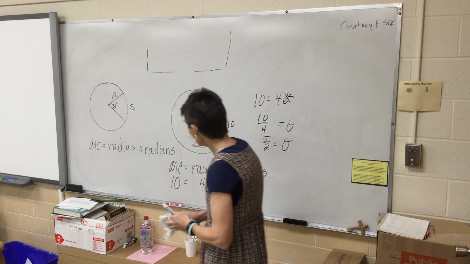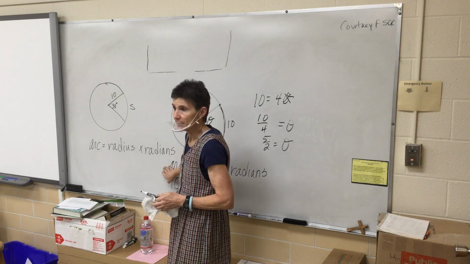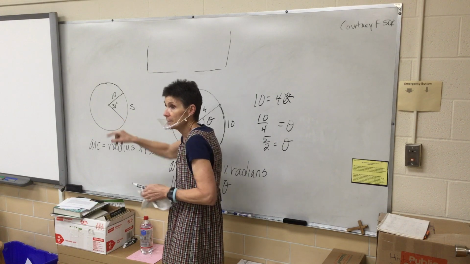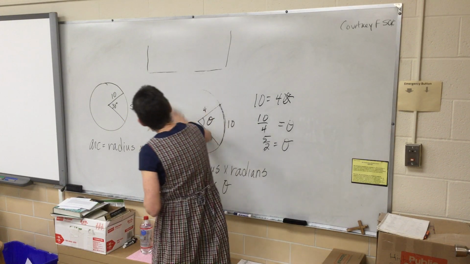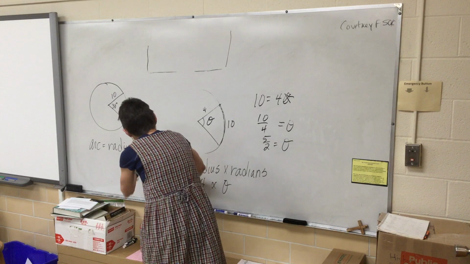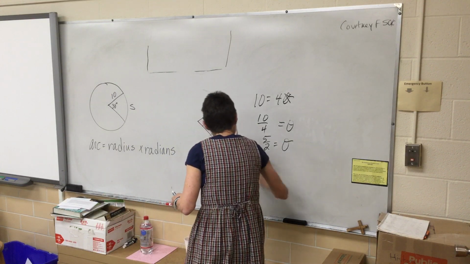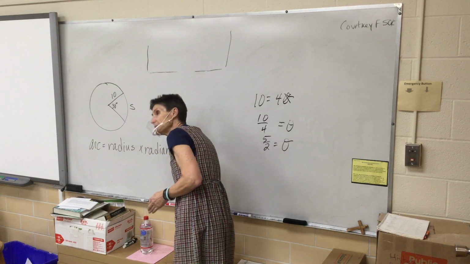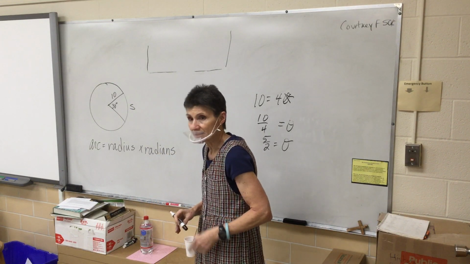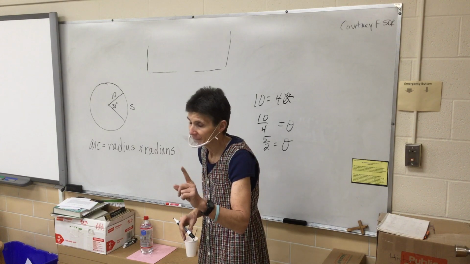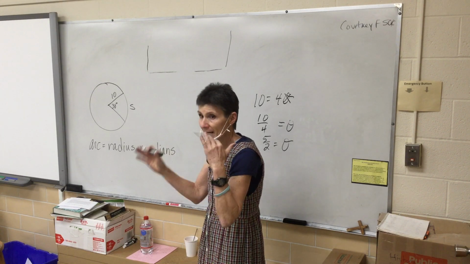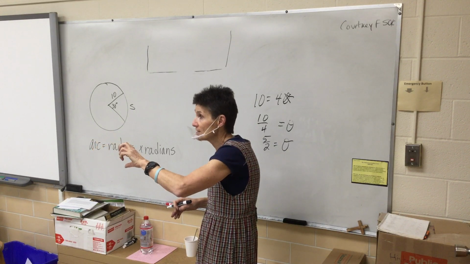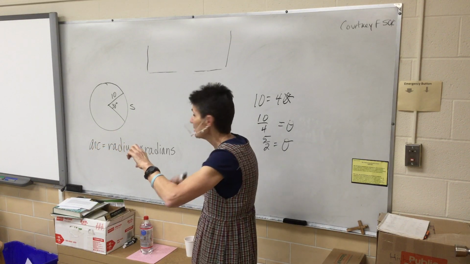Don't put 30 in here because that is clearly a degree measure. So the first thing we have to do, before we even go to that formula, is change 30 degrees into radians. But we already talked about that. I know you got a lot of information, but look, it's one of the first things we did today.